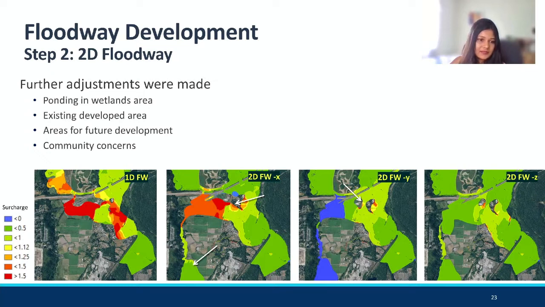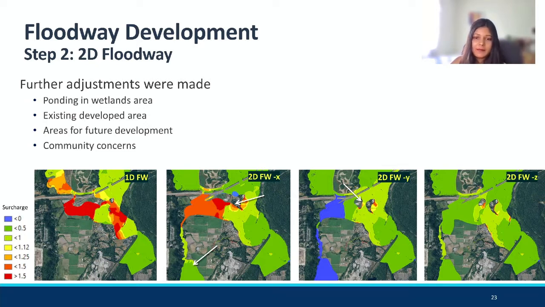You can see orange, so it's around 1.5 feet of surcharge, and then the next major improvement we did was all these pockets you're seeing upstream of this highway in the center. We try to play with it because there are some significant culverts that convey flow from the upstream part of the highway to the downstream.